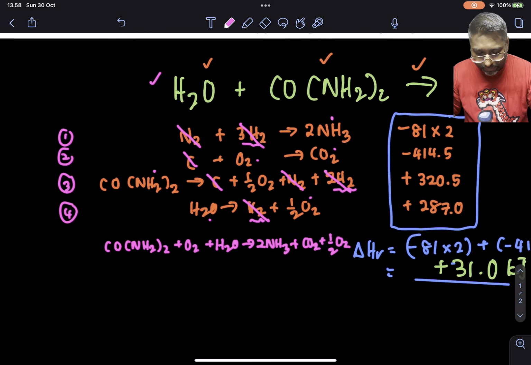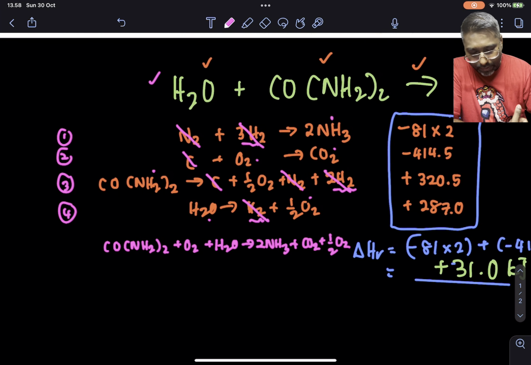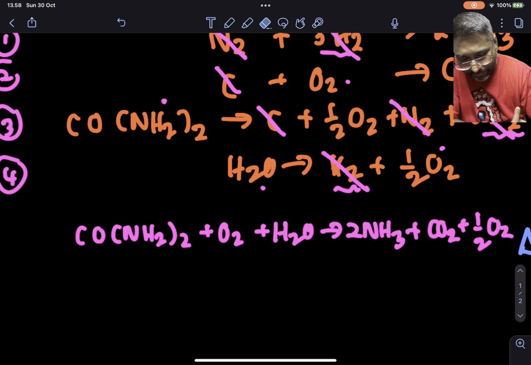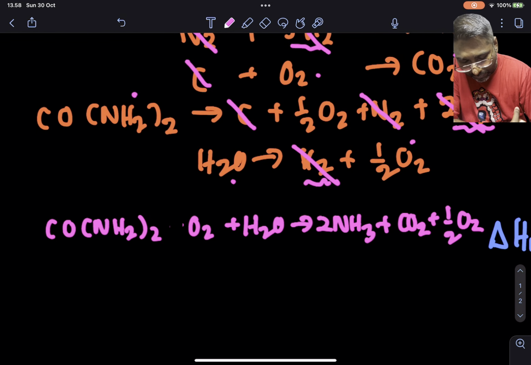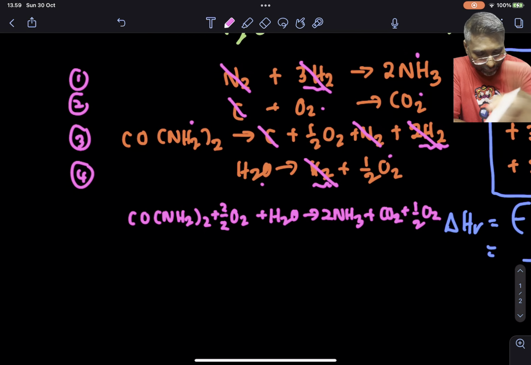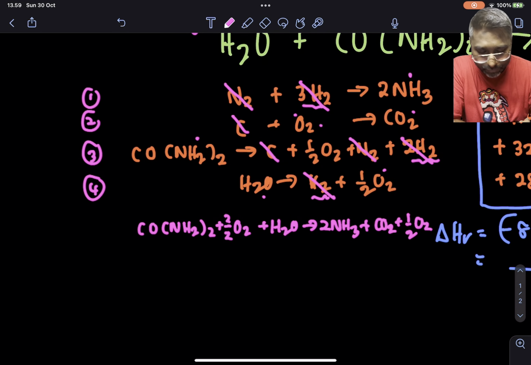Let's simplify this further and see whether we can. So O2, we can rewrite as 2 over 2, because 2 over 2 is 1 over 2, so just now it's 1 over 2.